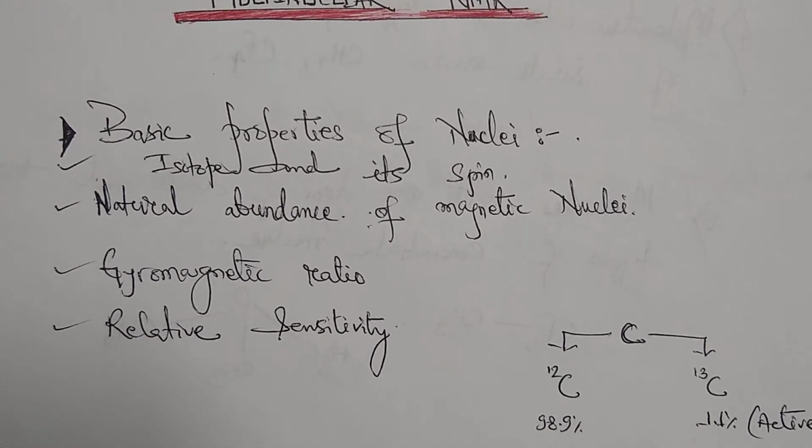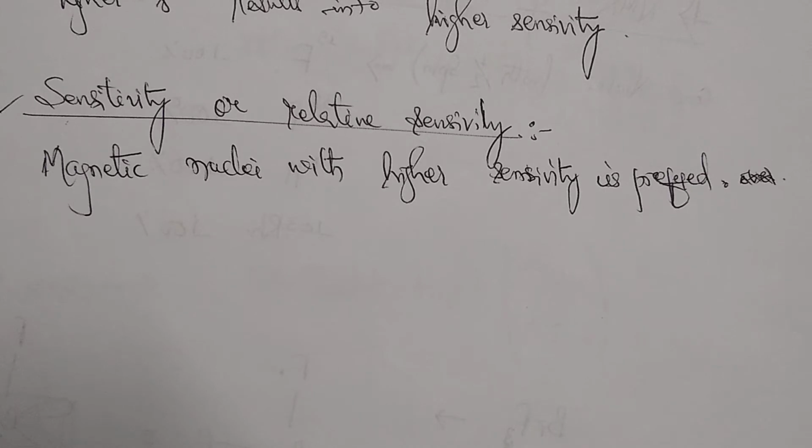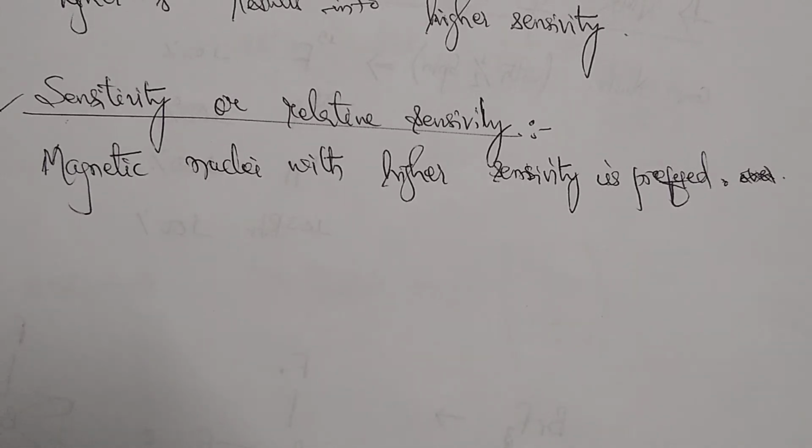We know that the relative sensitivity depends not only on the gyromagnetic ratio, but also on the natural abundance. That is what we have seen in carbon NMR.